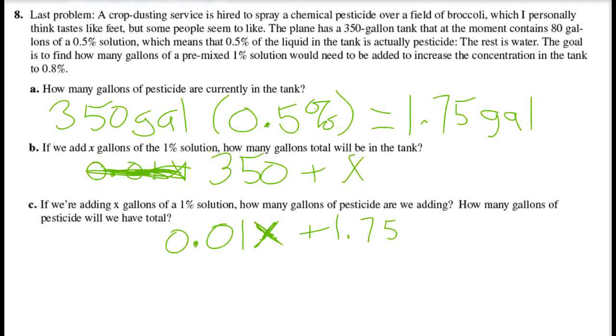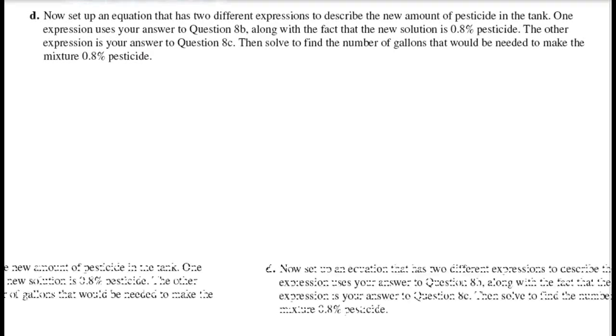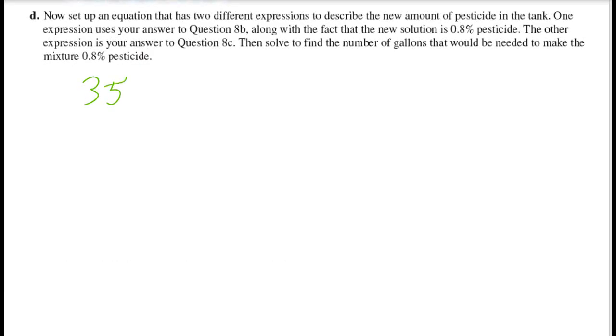So if we go back, we know our total is going to be 350 plus X. And so our total volume is going to be 350 plus X. We want the volume of pesticide in the tank.